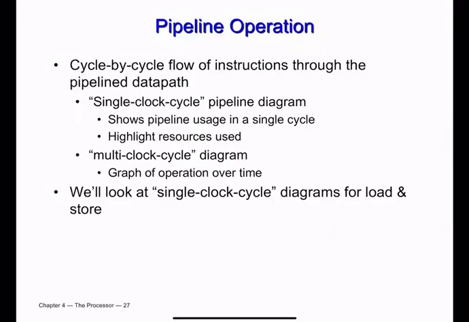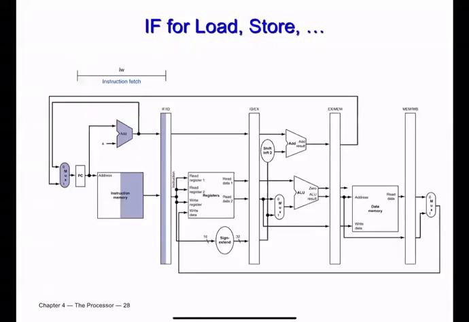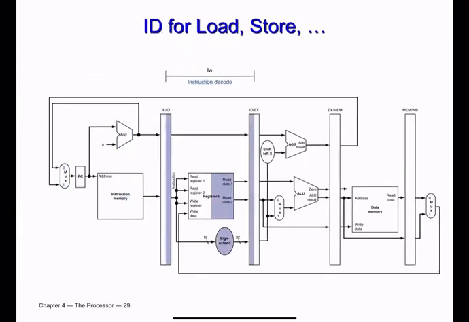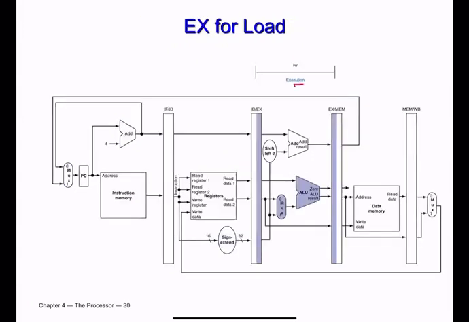So with this pipeline operation, I can look at the diagram as a single clock cycle pipeline diagram, or I can look at that as a multi-clock cycle diagram. Let's begin with looking at that as the single clock cycle. At that particular clock cycle, I am fetching. The next clock cycle, I am decoding. The next clock cycle, execution.